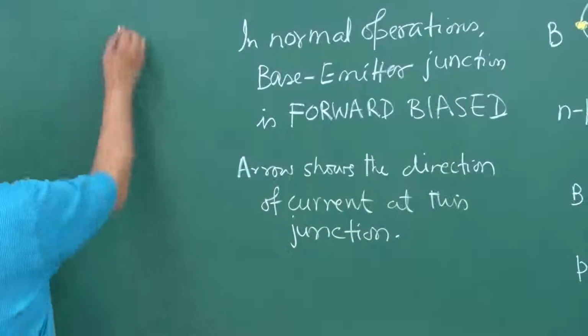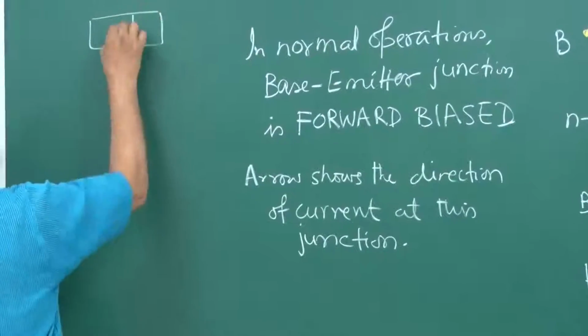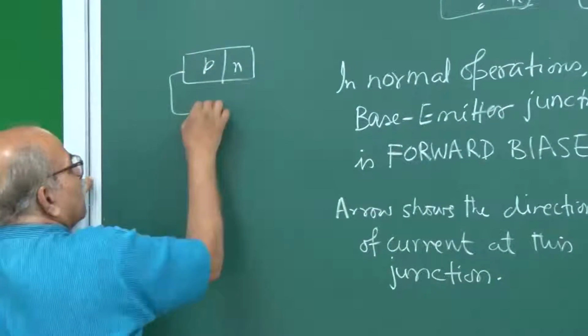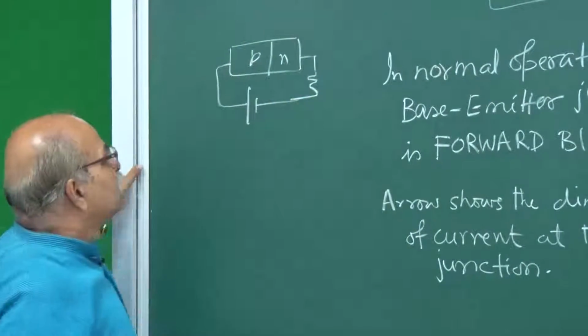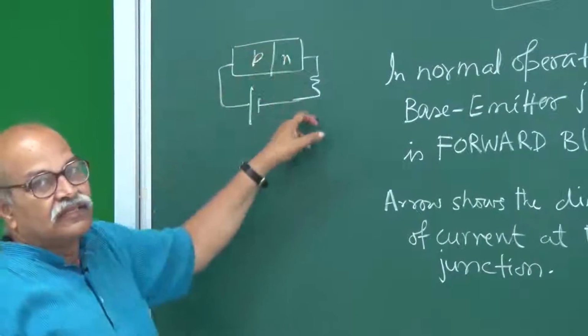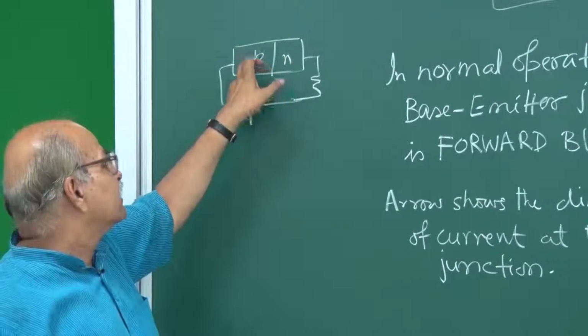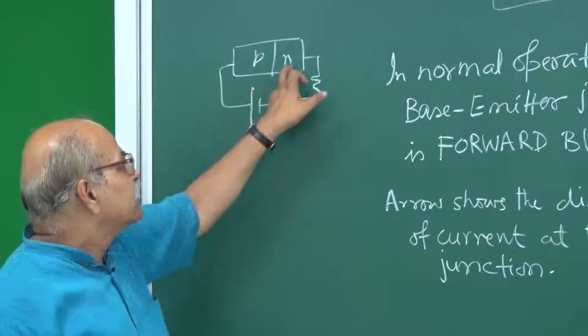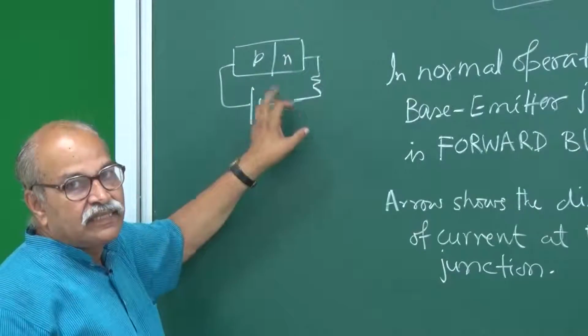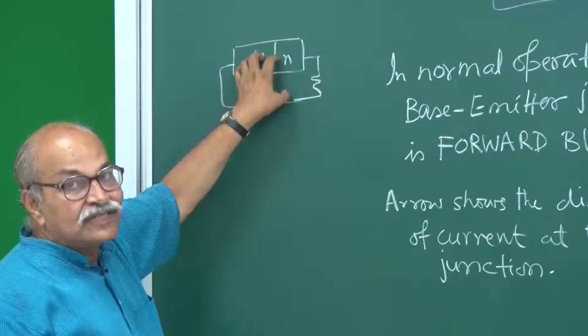If you have a PN junction and you forward bias it, the P side is connected to the positive of the cell or higher potential, and the N side is connected to the lower potential. This is forward biasing. And how does the current flow?